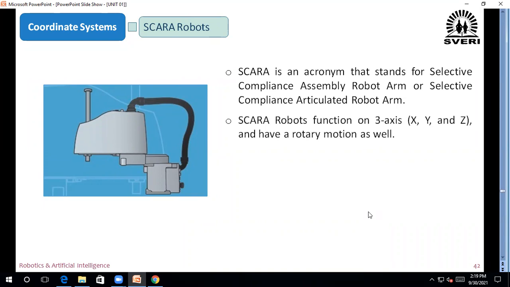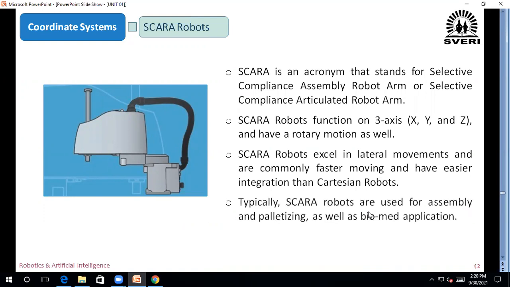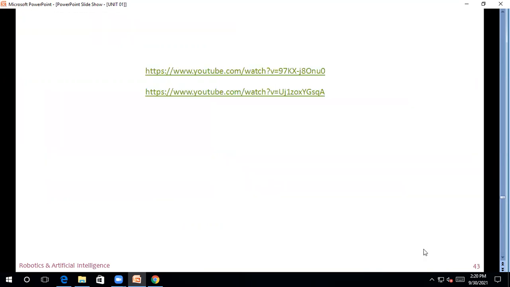SCARA robots function on three axes X, Y, and Z and have a rotary motion as well. SCARA robots excel in lateral movements and are commonly faster moving and have easier integration than Cartesian robots. Typically, SCARA robots are used for assembly and palletizing as well as for biomedical applications.